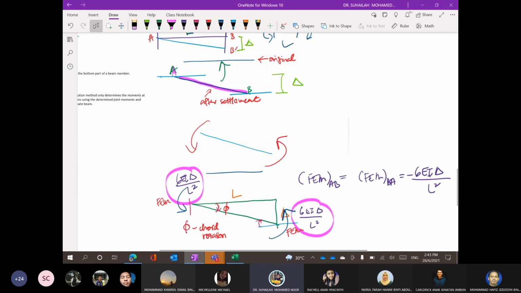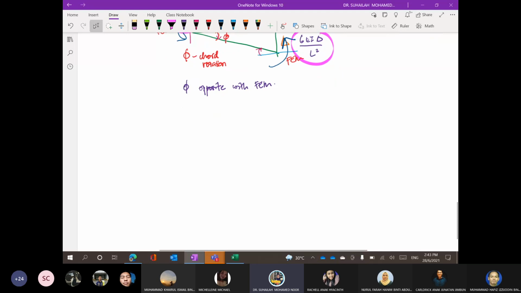So whenever we want to apply this condition to the beam that we have analyzed just now, we start with, what number was it, 240. We will start by sketching the free body diagram. This is A, B, C, and D. B has settled, so B moves to a new position, B prime.